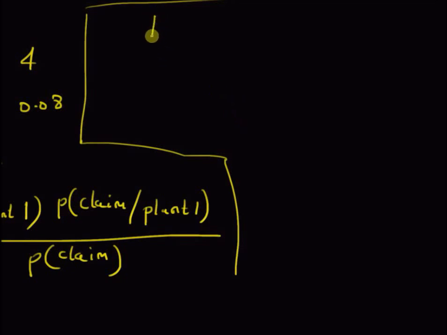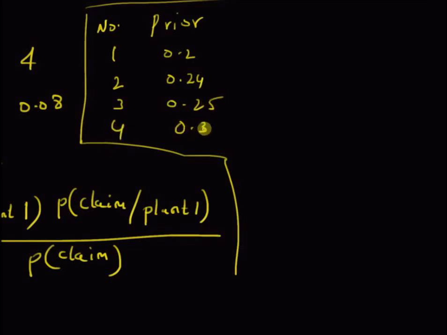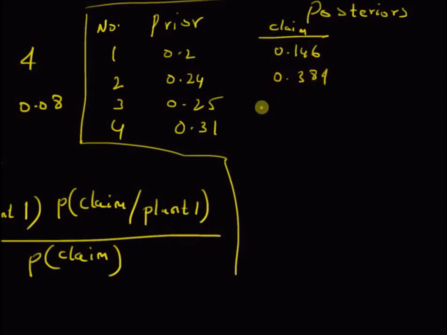Now let us tabulate the final results and look at the possible conclusions. That is, given the prior probabilities as 0.2 for plant 1, 0.24 for plant 2, 0.25 for plant 3 and 0.31 for plant 4, and then the posteriors when a claim is made, the values are 0.146, 0.384, 0.109 and 0.301.